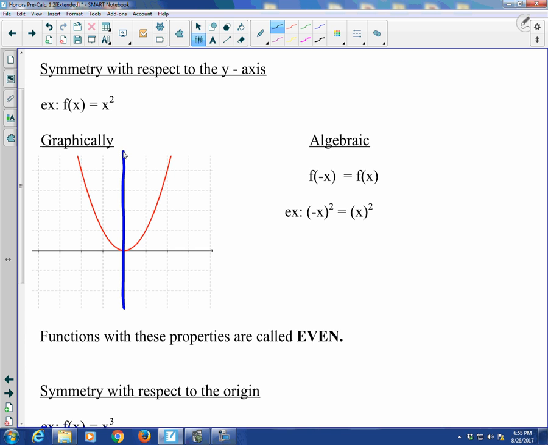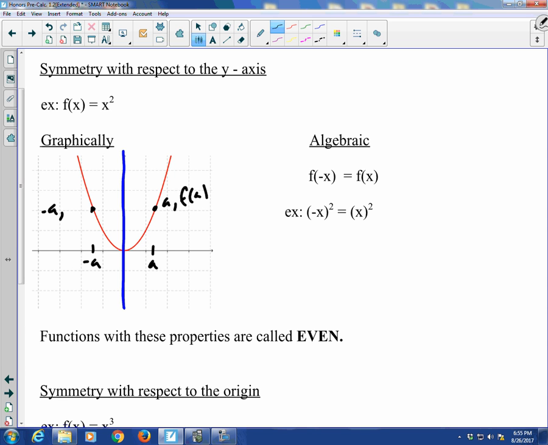Right here, if I have an ordered pair, let's say A and then the function value at A, that ordered pair is reflected across the y-axis such that we have the corresponding x value giving us the same function value.